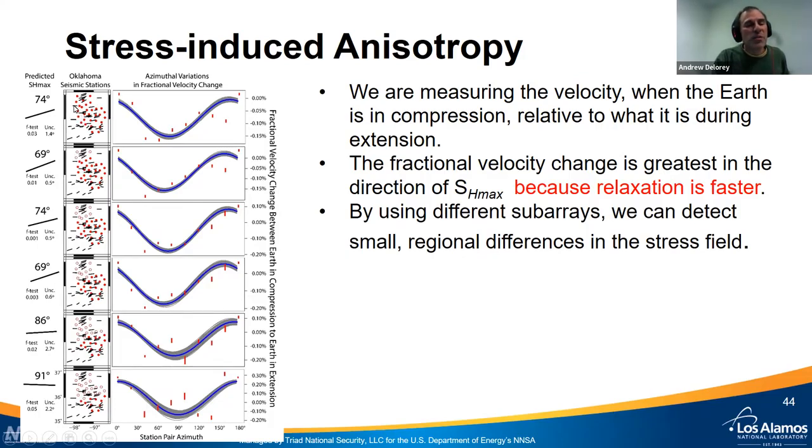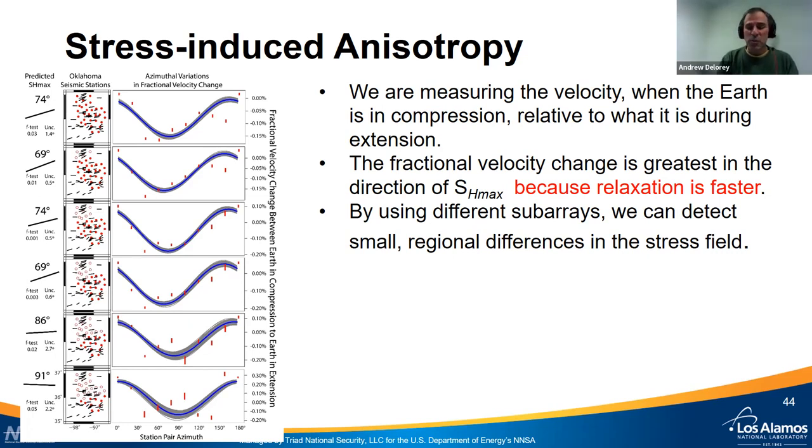And the stress indicators are here. They come from the World Stress Map. And what I'm measuring now is the difference in velocities between when the Earth is in compression versus extension. And we expect it to be the largest amplitude, in this case, the largest negative amplitude in the direction of SH max, because relaxation is faster in this direction.